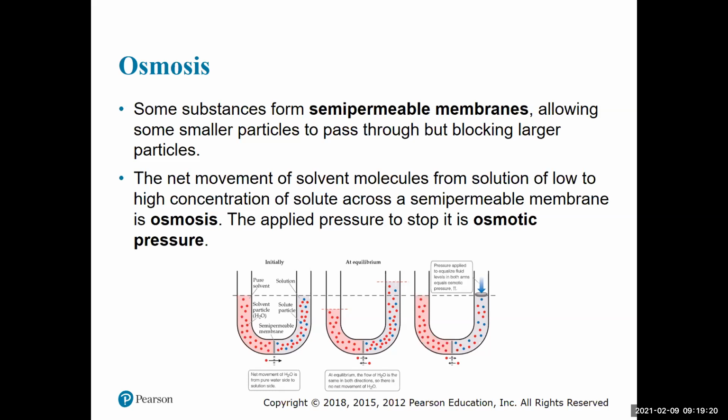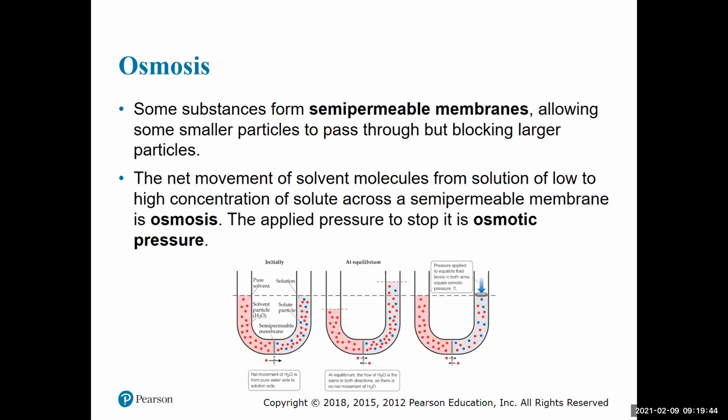They're trying to get equilibrium established. This solvent moving across the membrane from low to high concentration is called osmosis. And then the applied pressure to stop it is called osmotic pressure.